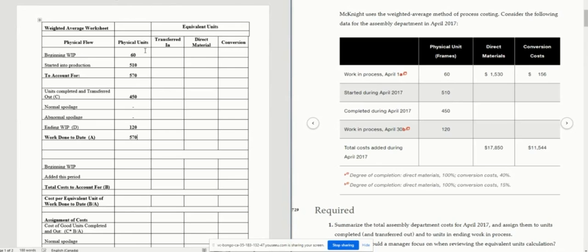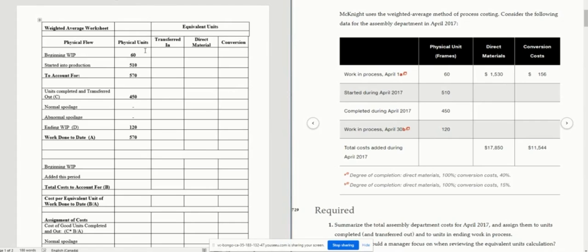So we've got a physical flow of units in, units out. We've got 570 to account for, and we have accounted for them in the sense that we've either shipped them out or they're still here. And in this example, we don't have any spoiled or wasted units.